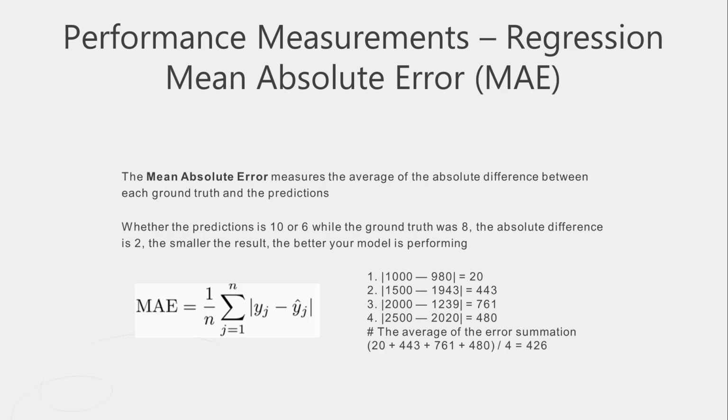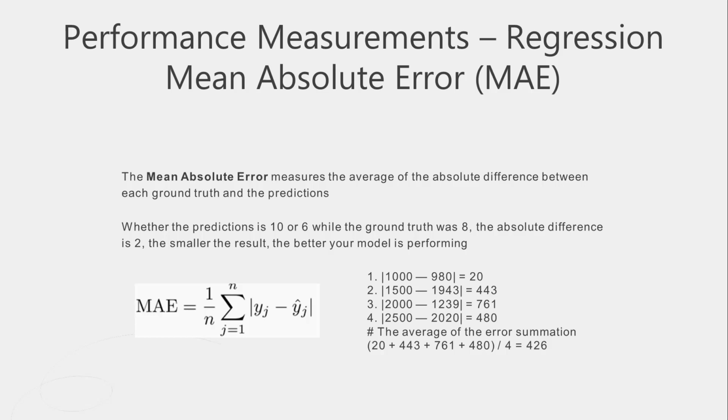This will also be the same if the real value was -5 and the predicted value was -6. The difference will be again 1 or -1, but since we are taking the absolute value, it will always be positive.